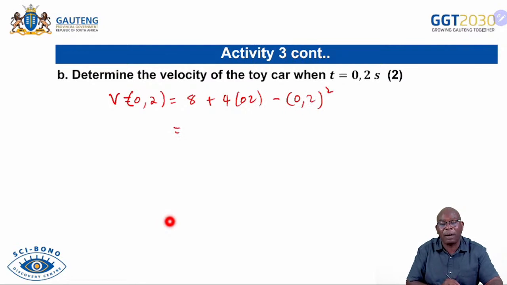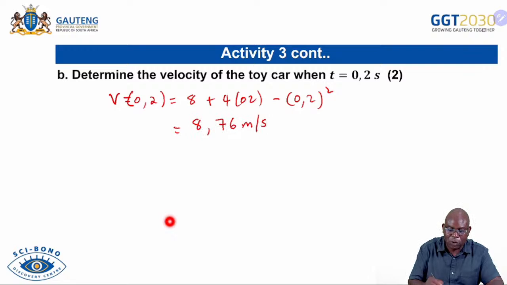If I put it on my calculator, my answer becomes 8.76 meters per second. You see, it's not very far from the first question, which is 8, because at 0 we have 8. At 0.2, it has moved to 8.76 meters per second.